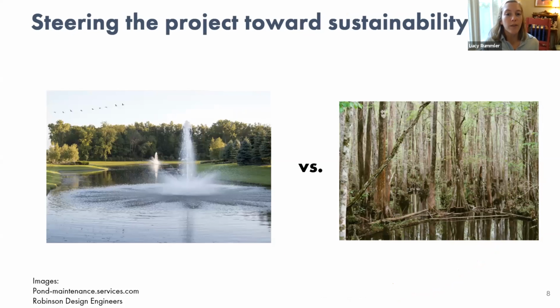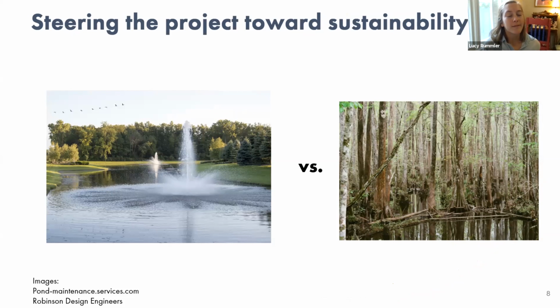At the first meeting with the client, which is the city of Conway, they talked a lot about what they wanted, which was a retention pond, like this image on the left, and how it would have sort of this Disney World aesthetic.